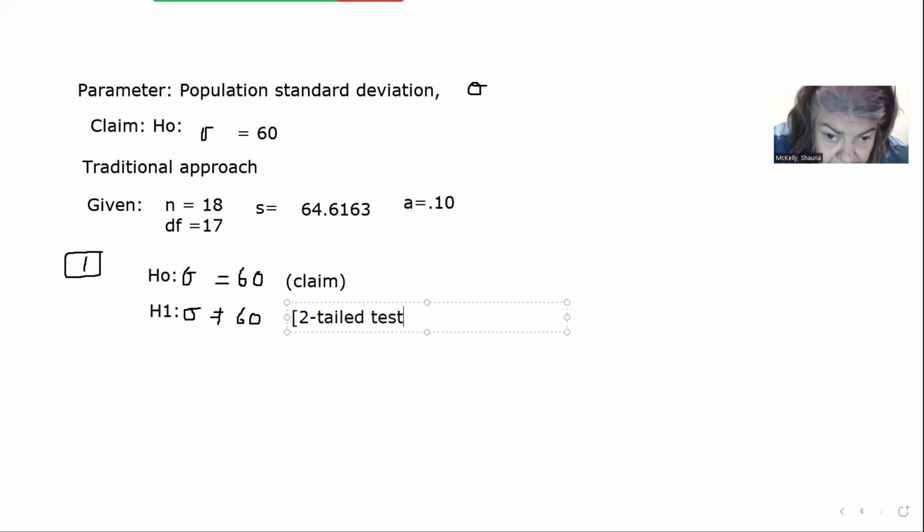All right, two-tail test. Now, step 2, aren't you grateful that we practiced finding critical values in problem number 1? That's why I did that. We have to find the critical values for this two-tail test. So let's look at that here.